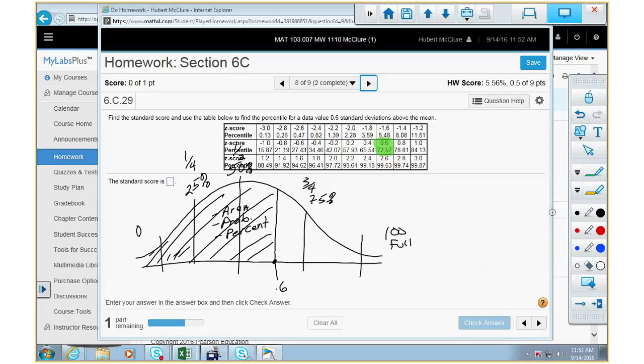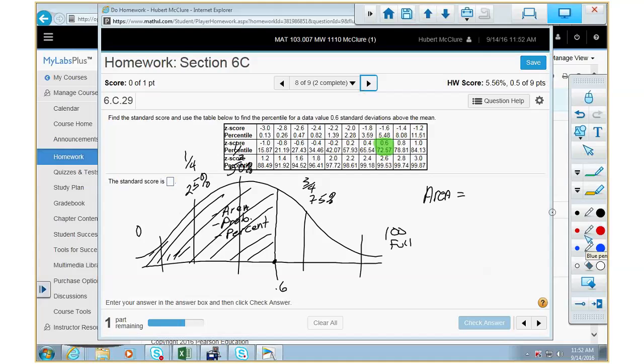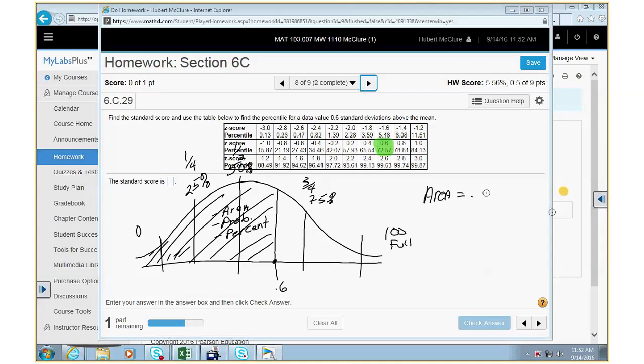Now, area would be 0.7257, because area and probability are in decimals. Probability is 0.7257. What would the percentage be? 72.57.